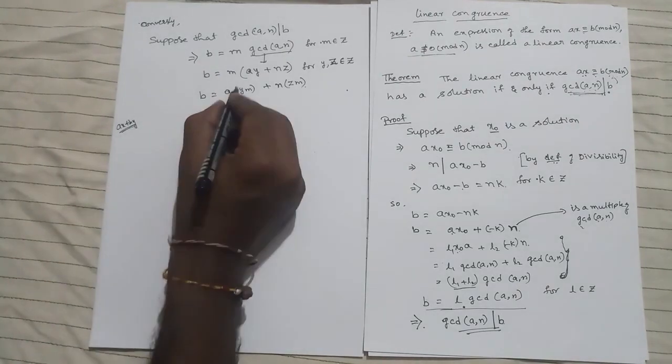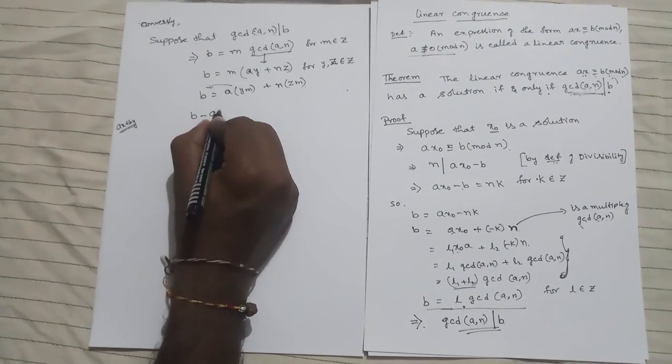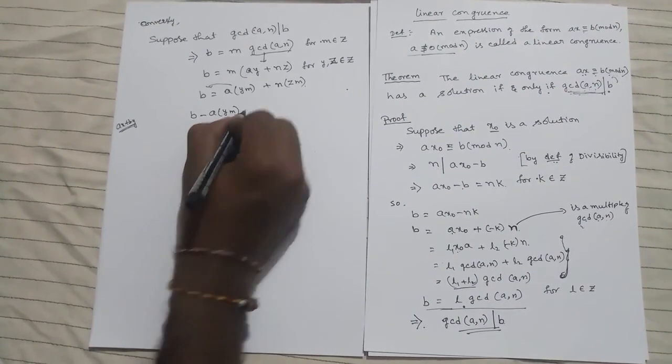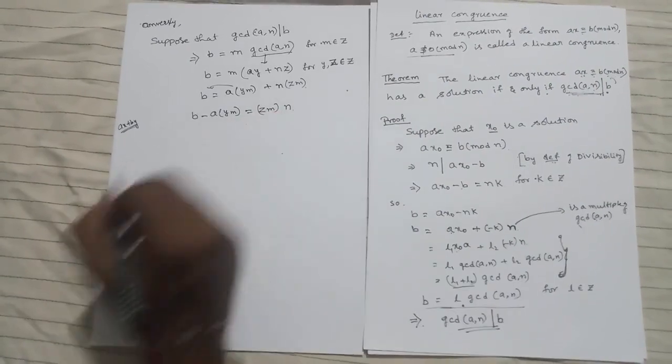Here I am taking this to the left hand side. So b minus a times ym equals zm into n.